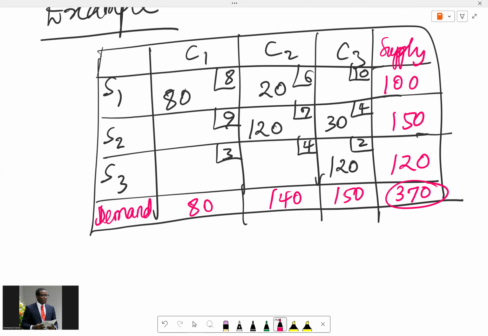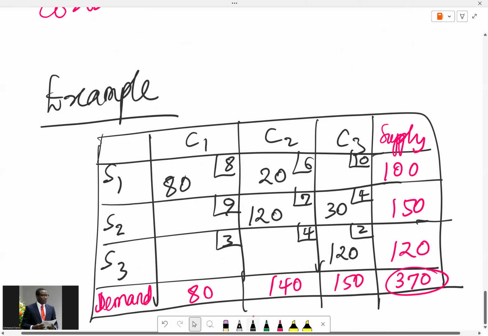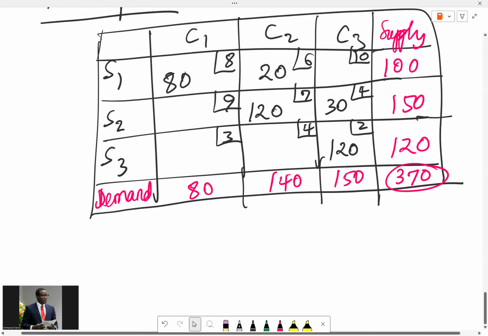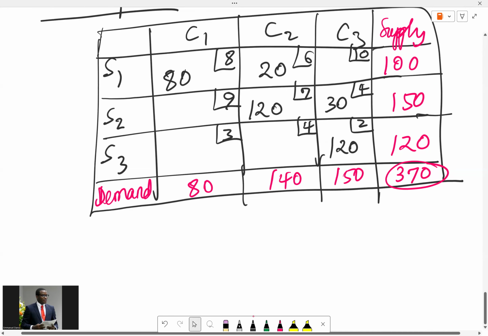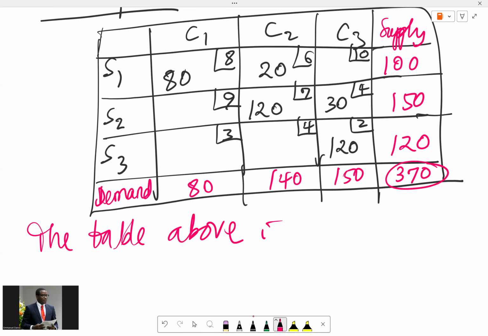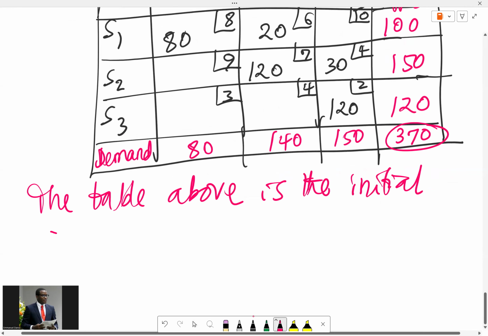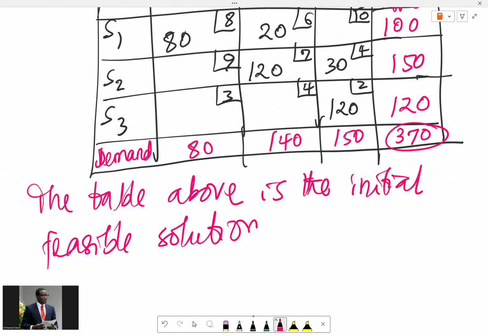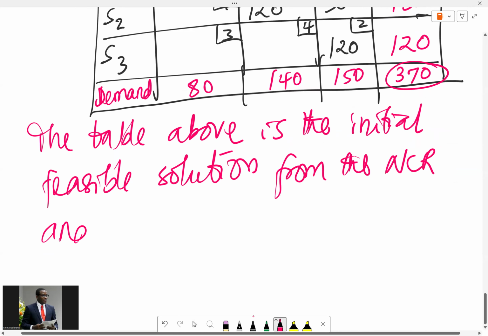Okay, so this is the initial feasible solution, right? The table above is the initial feasible solution from the northwest corner rule and the least cost method, same table emerged.